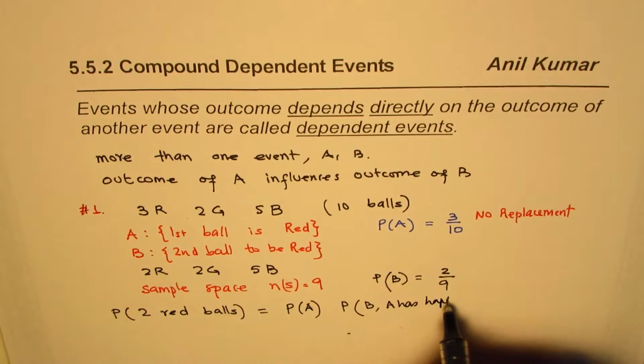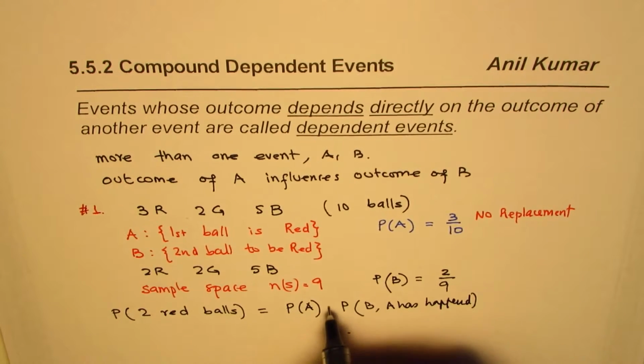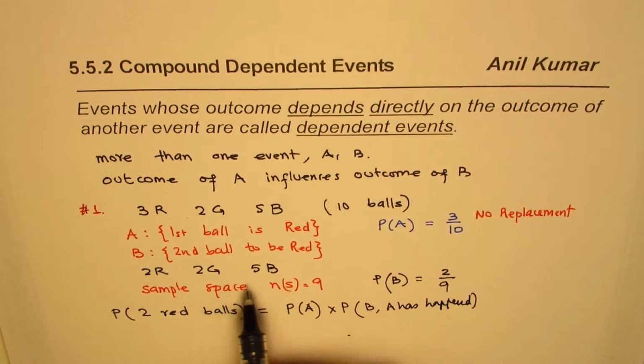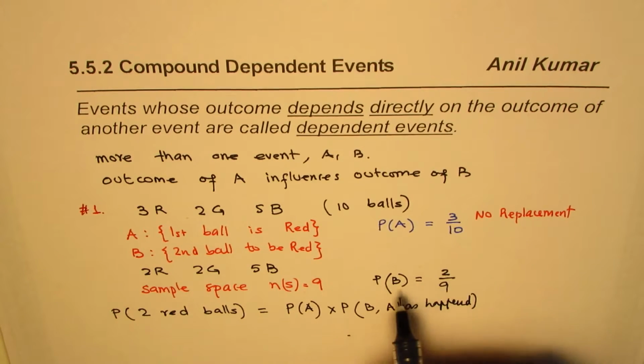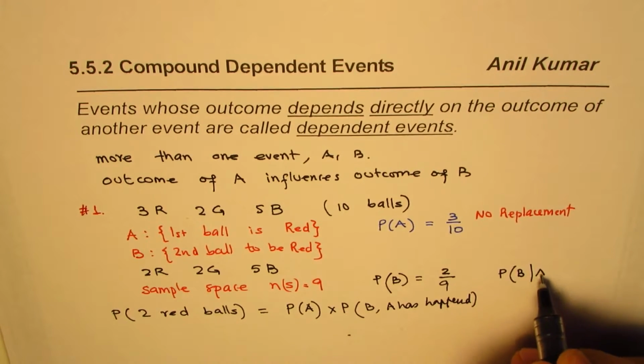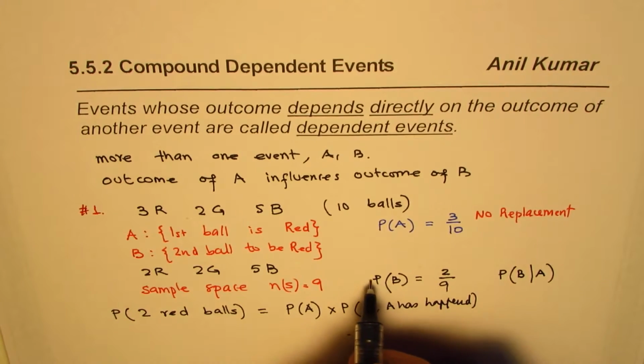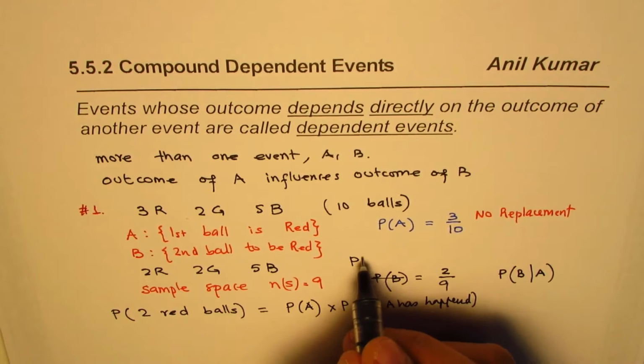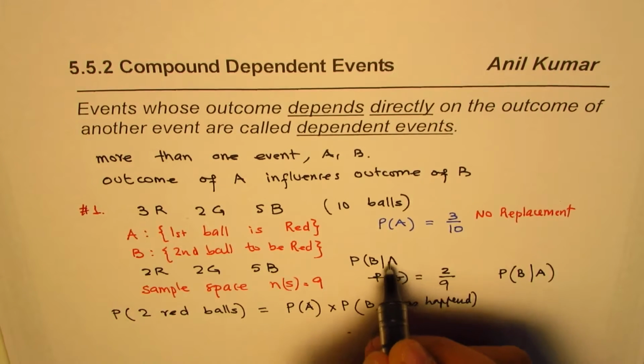We assume that A happened, so normally we'll write this as probability of B when A occurred. Let me replace this with probability of B when A has happened.